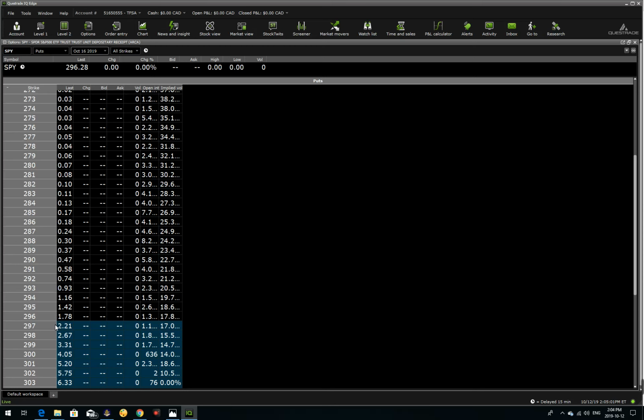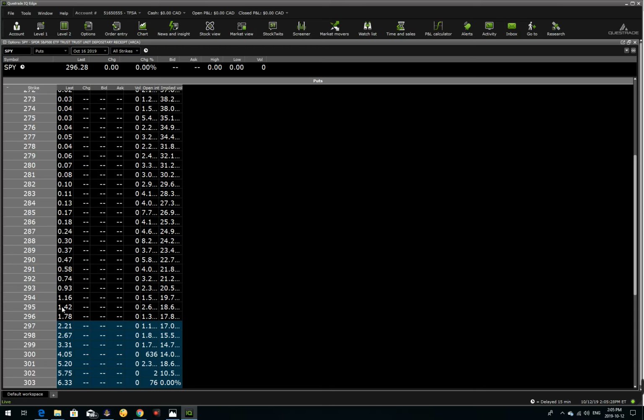If we're right and the market drops down to 295, right here, then this 295 is worth 0 still. And now our 297 has an intrinsic value of $2 plus a lot of time value, so it's probably going to still be worth $5, $6 somewhere in there, whatever it's worth.